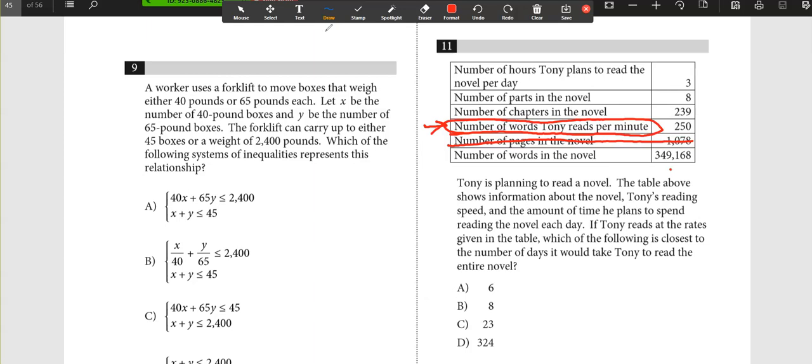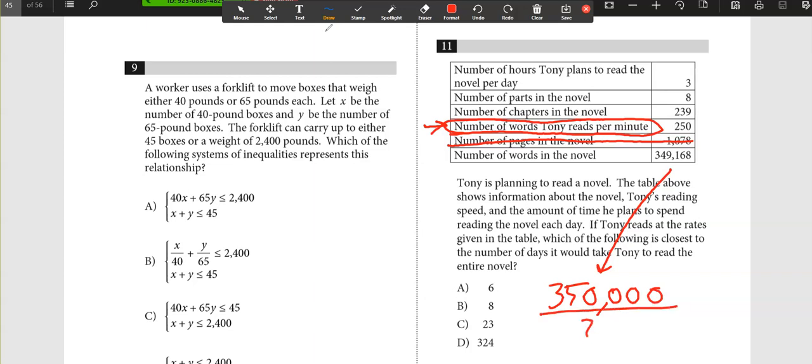Now, what is 349,168 pretty close to? Any thoughts what it's close to? 350,000. So don't squabble over individual words.